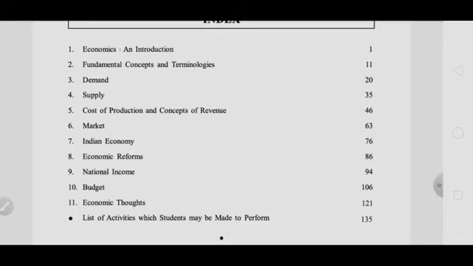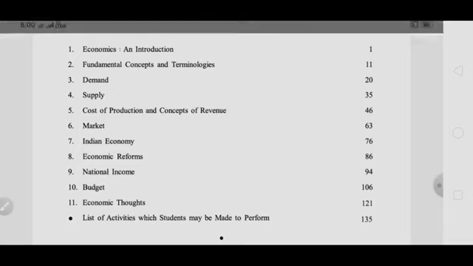In chapter 11, we're going to discuss the main economic thoughts of three different authors, that is Gandhiji, Kautilya and Pandit Dindayal Upadhyay. So this is the glimpse of all the chapters which we are going to cover in standard 11.